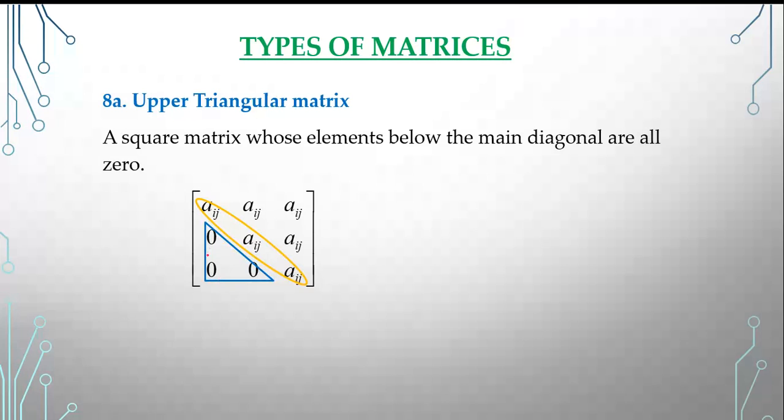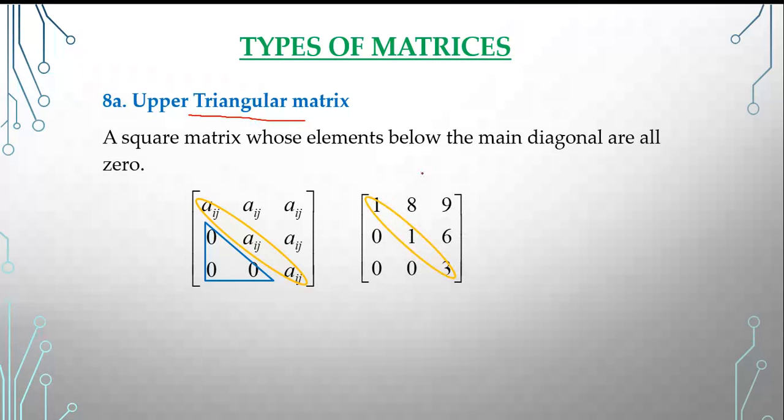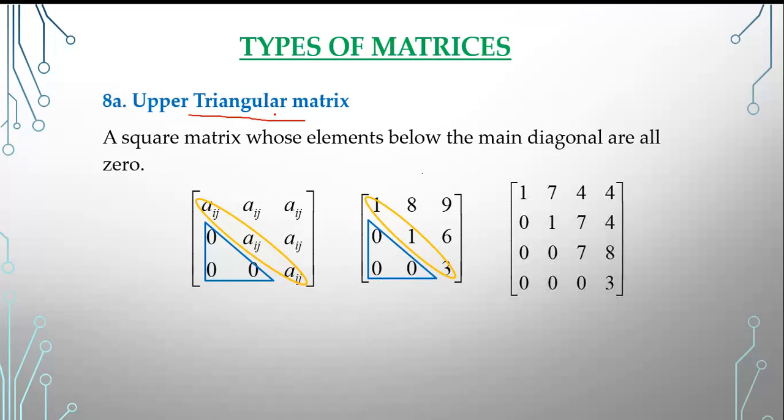So this type of matrix is called the upper triangular matrix, right? Similarly, here, what is the diagonal of this matrix? This is the main diagonal, and below the main diagonal elements are zero. So this is the upper triangular matrix.